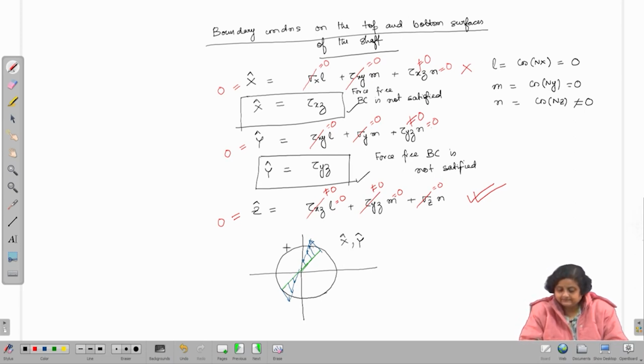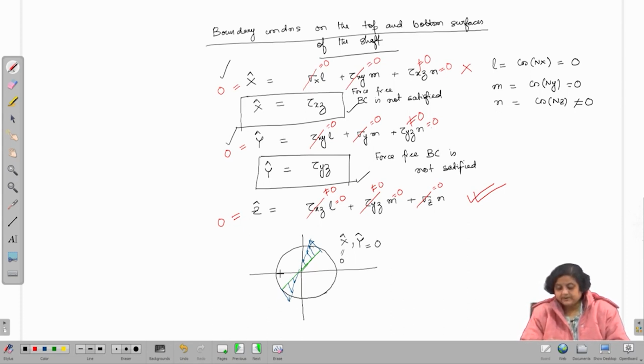So, this distribution of the load will give net x to be 0, net y to be 0. You see, this will always be cancelled by a diagonally opposite point. So, net x will be 0, net y will be 0. So, this condition and this condition will be satisfied, but they have to be distributed in this way.